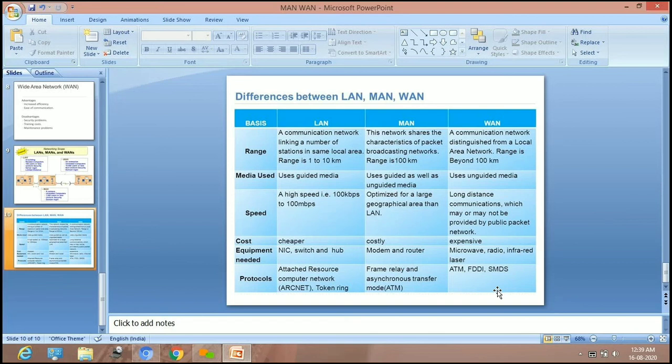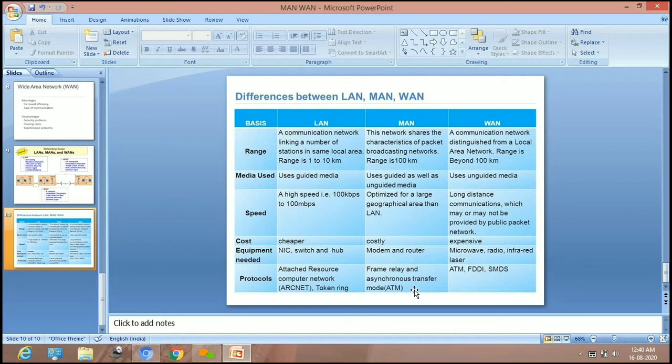So this is some basic information about the LAN, MAN and WAN, but I have not discussed it in complete detail. This is just the difference between the three. If we need to write from an examination point of view, we can say that there is a difference between LAN, MAN and WAN in these perspectives.